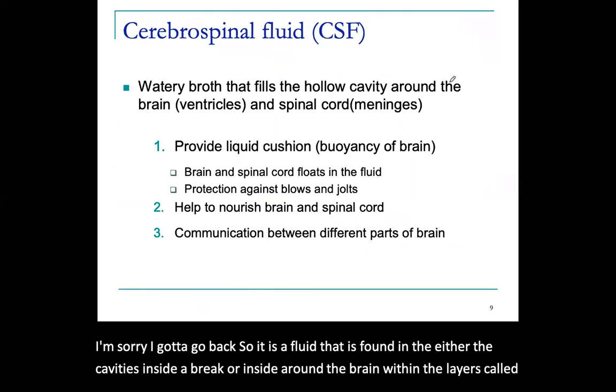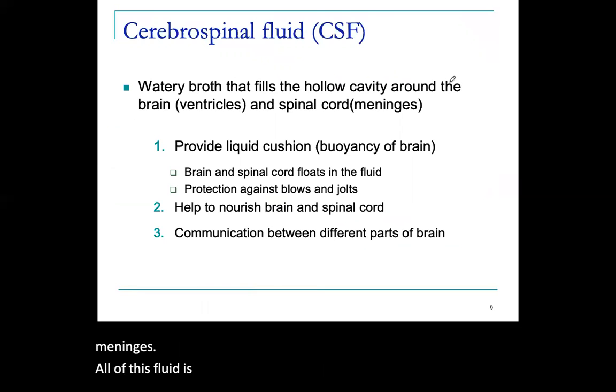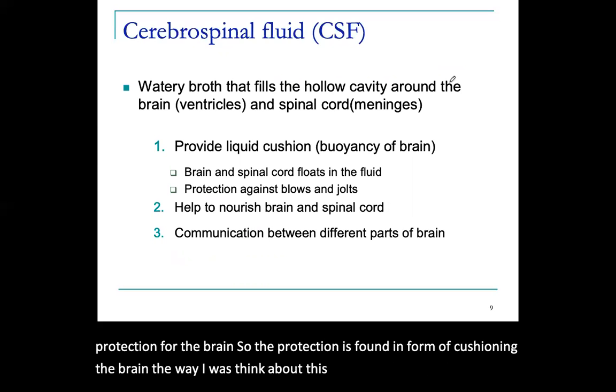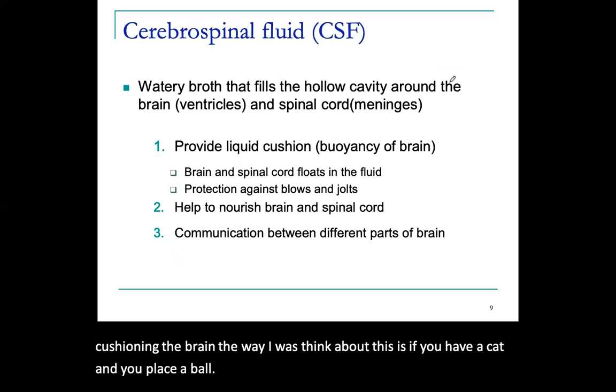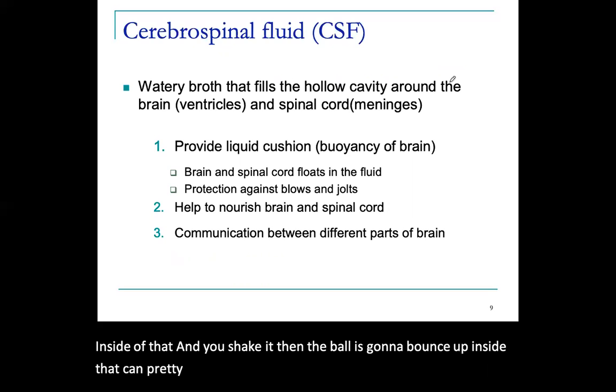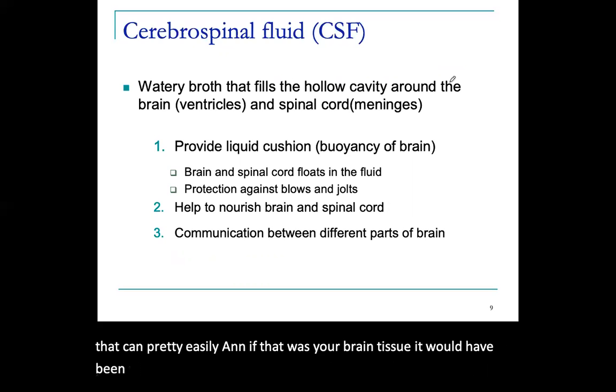The goal of this cerebrospinal fluid is to first provide some level of protection for the brain. The protection is found in the form of cushioning the brain. The way I always think about this is, if you have a can and you place a ball inside of that and you shake it, then the ball is going to bounce up inside that can pretty easily. And if that was your brain tissue, it would have been scarred pretty fast.